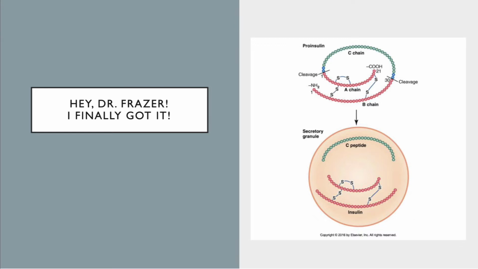And so when the insulin is produced, it comes out in this big long chain called proinsulin, and then our bodies cleave off the A and the B chains, and that leaves us with this C chain. And that C chain is inactive, it's inert, it doesn't do anything, but we can measure it as a function of how much insulin our bodies are producing.